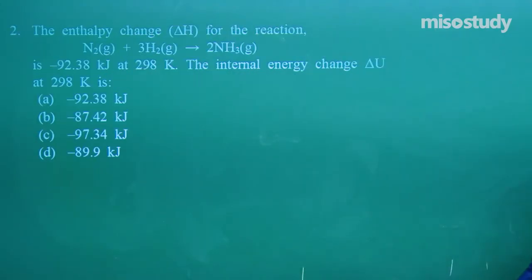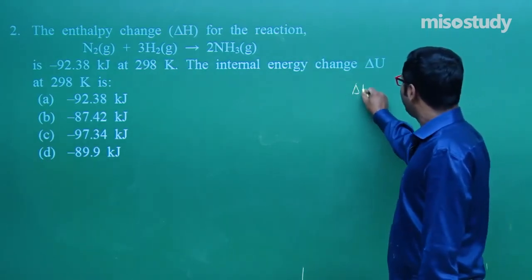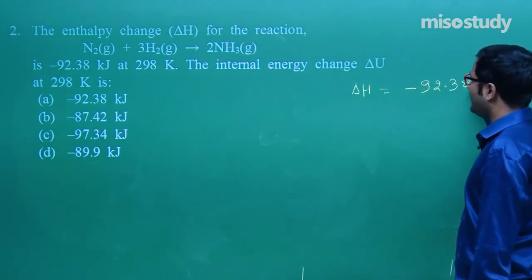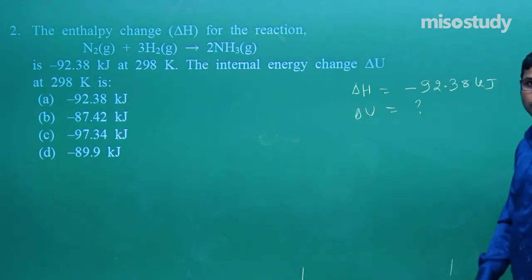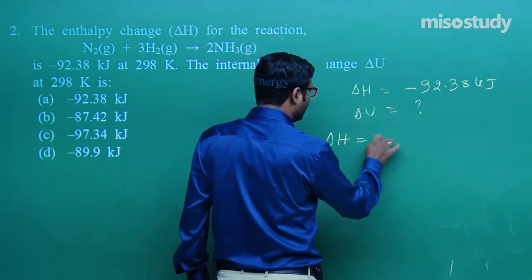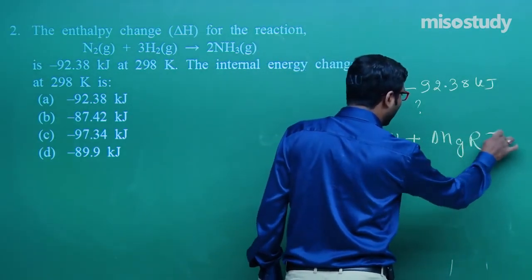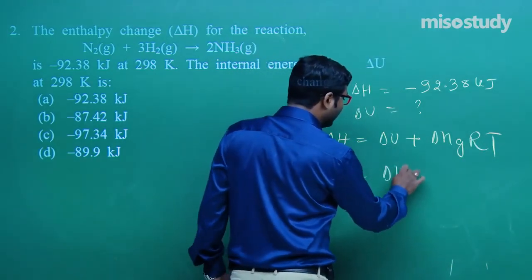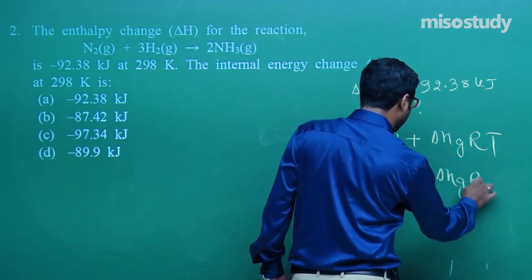The next one is the enthalpy change for the reaction, that is given delta H is given minus 92.38 kilojoule. We have to find delta U. Do you remember this question? As we know, delta H is equal to delta U plus delta ng RT. Remember? So delta U is equal to delta H minus delta ng RT.